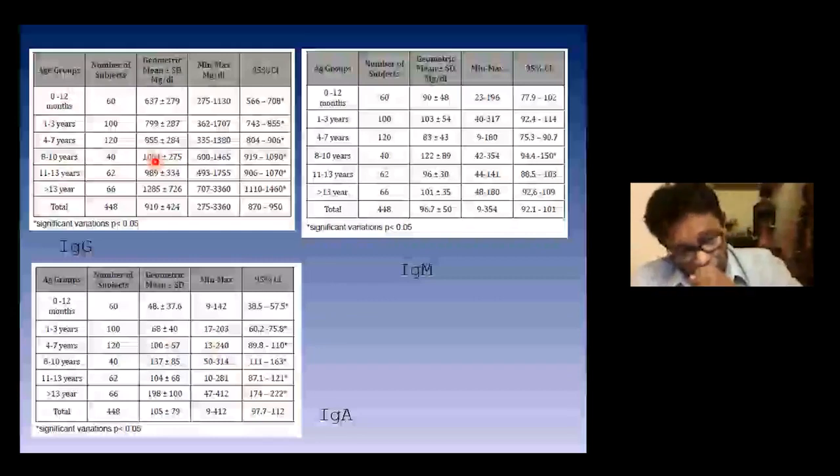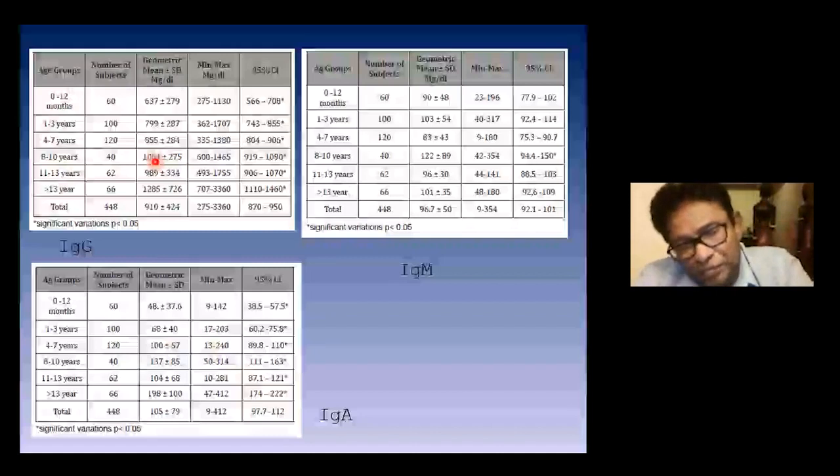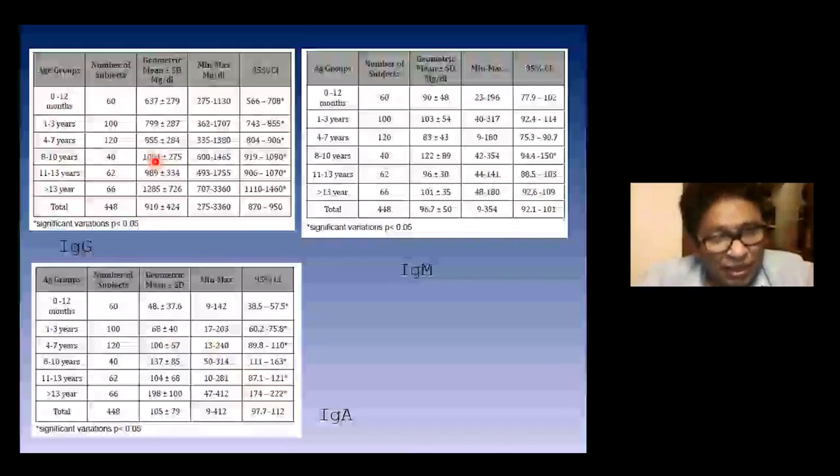In that case, you need to be admitted to reevaluate. So I admitted them, and I found that their insulin was perfectly okay, obviously, because they were getting insulin. So I stopped insulin, and I found they don't have hypoglycemia.